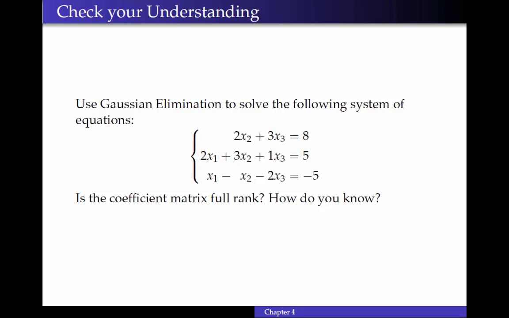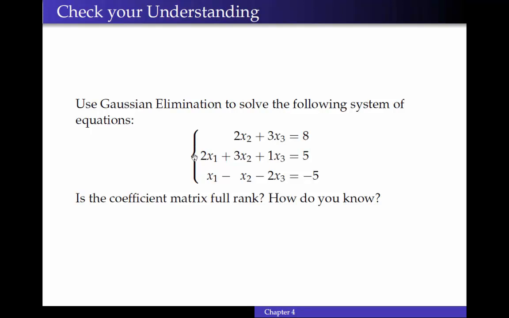So here's a place where you can check your understanding. Try to use Gaussian elimination to solve the following system of equations. So you'll notice when you write out the augmented system here, the first pivot element that you would choose here is 0, 0 times x1. So since 0 can never be a pivot, I can't use 0 to eliminate anything.